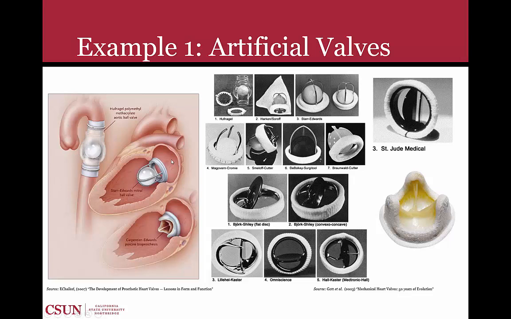When the pressure in the atrium was bigger than the ventricle, the ball would unseat from the hole and cause flow to go around it. When the pressure difference in the ventricle would get much bigger than the atrium, like during systole, this ball would move back and basically close, not allowing any blood flow to go the opposite direction.